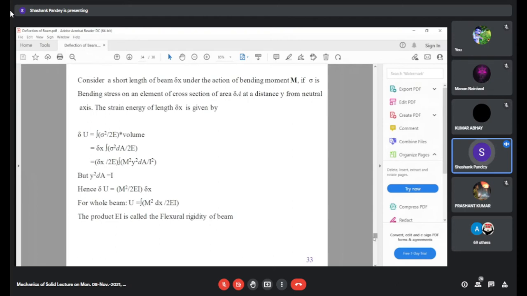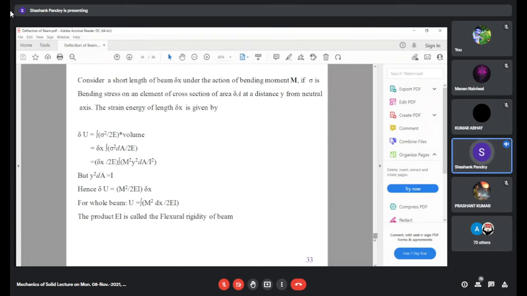Consider a short length of beam dx. If you have an entire length of beam as x, we assume a small portion delta x under the action of bending moment M. If sigma is the bending stress on an element of cross section delta A at distance y from the neutral axis, the strain energy of length delta x is given by delta U equals integral of sigma square upon 2E into volume.